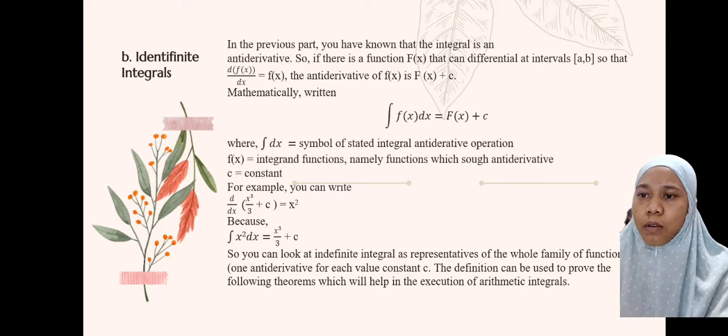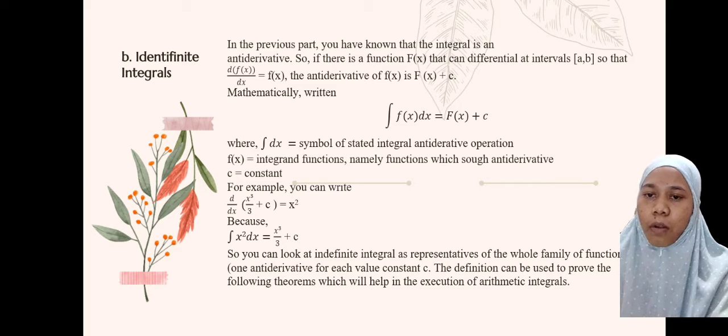So you can look at the indefinite integral as representative of the whole family of functions or antiderivatives for its value constant c. The definition can be used to prove the following theorem, which will help in the execution of arithmetic integral.